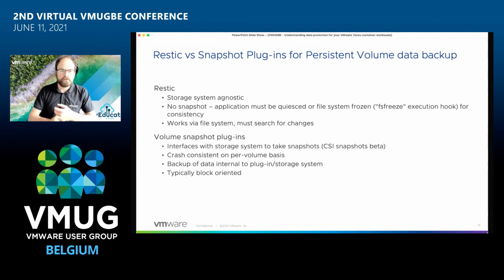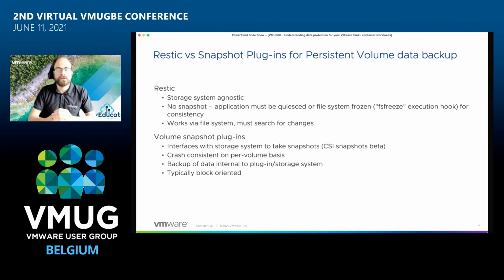The volume snapshot plugin works in a slightly different way because this is used to interface with the storage system to take snapshots using the Cloud Native Storage interface, which is a plugin that moves away from in-tree drivers where storage connectivity was baked into your version and deployment of Kubernetes. And the volume snapshot essentially is going to talk to that new CSI driver.